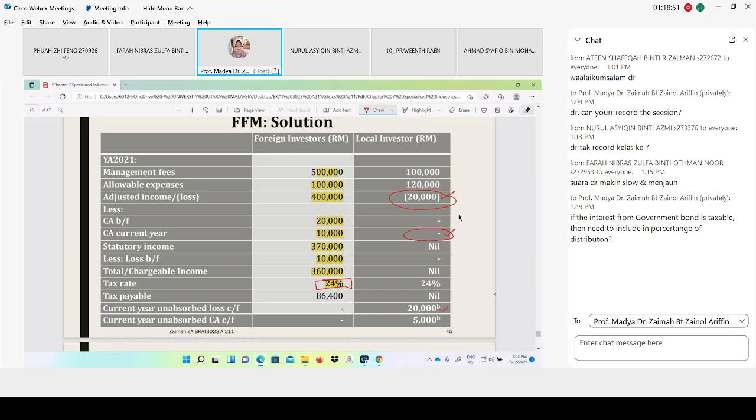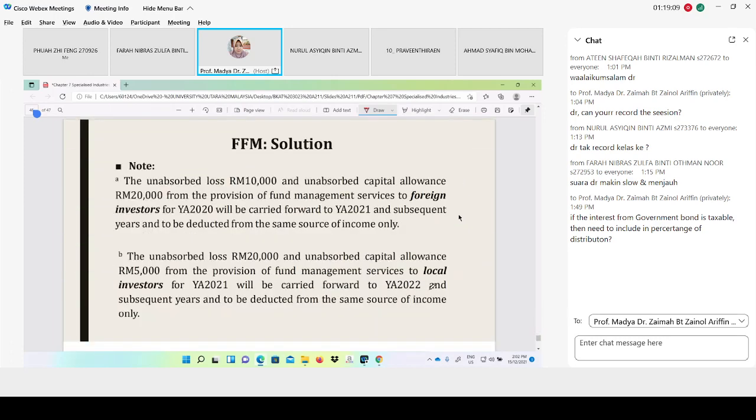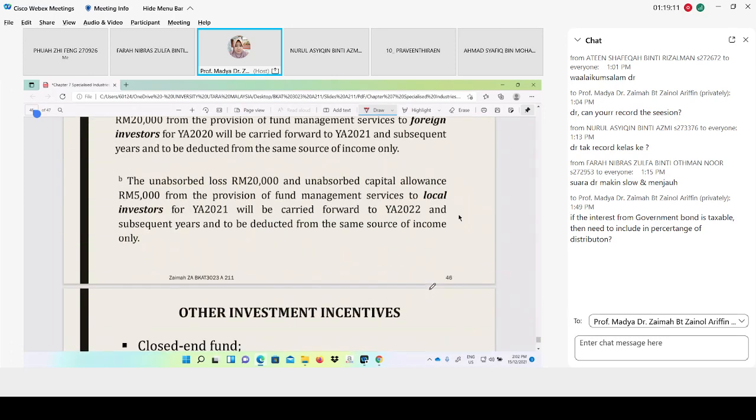Same goes for the capital allowance, which you cannot absorb in the year of assessment 2021, this will be carried forward to the year of assessment 2022. Okay, easy, right? That is what we did just now. You can bring forward though.